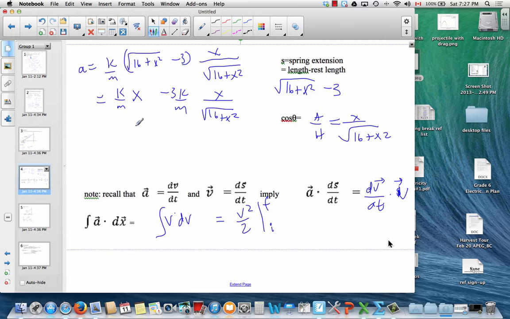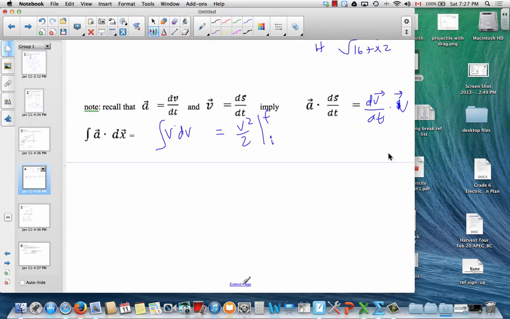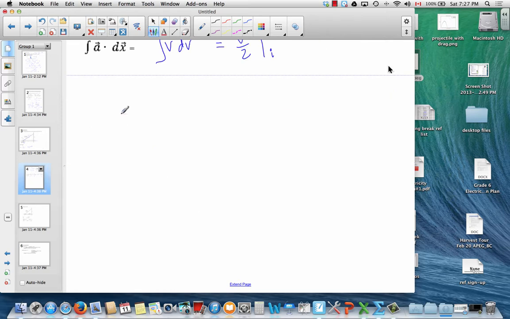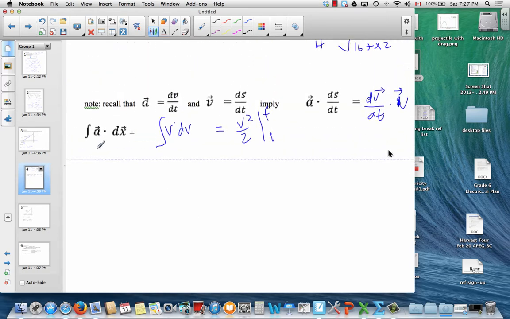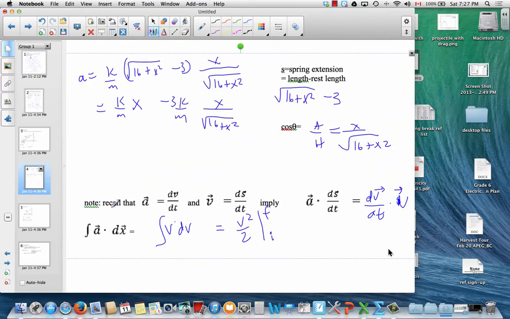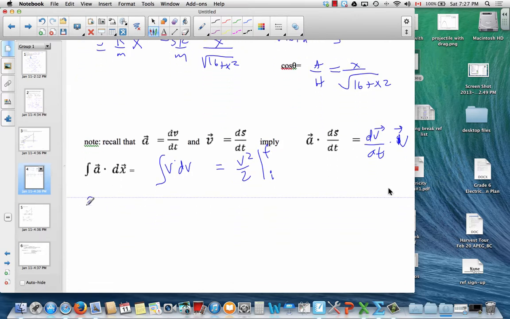So let us take that and pop it in there. Need a little bit more room. Alright, so it is going to be the integral of k over mx, and we'll split this up into two because there's two terms there, dx minus 3k over m.